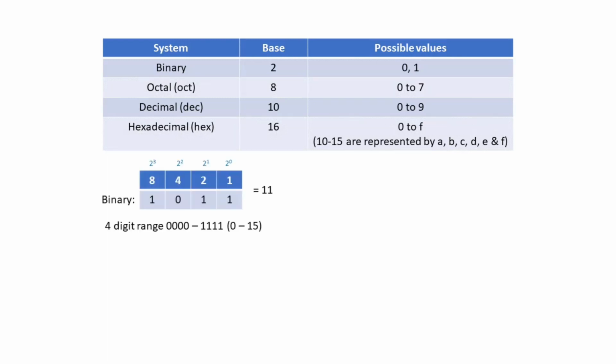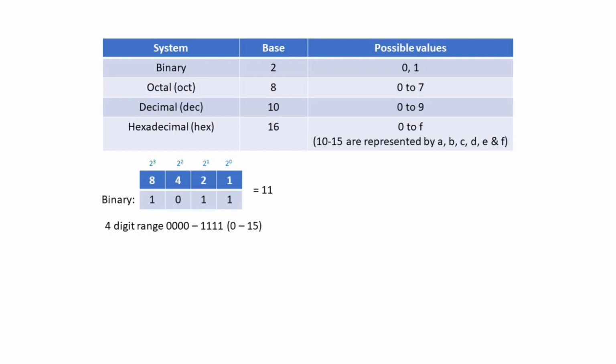For any number system, not just these 4, the way to calculate how many different numbers can be represented by any given number of digits is simply to raise the base you're working with to the power of the number of digits available. Let's say we have 4 digits available.